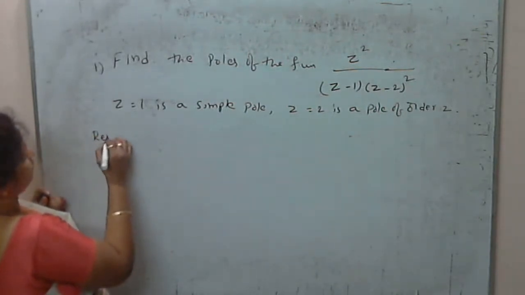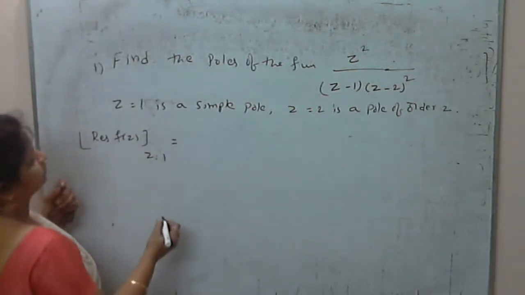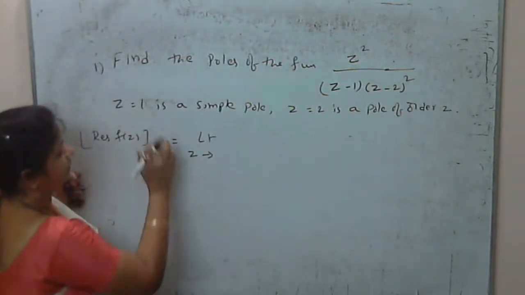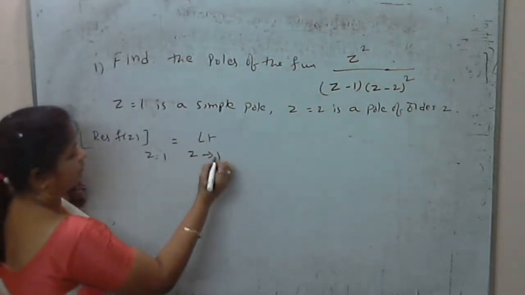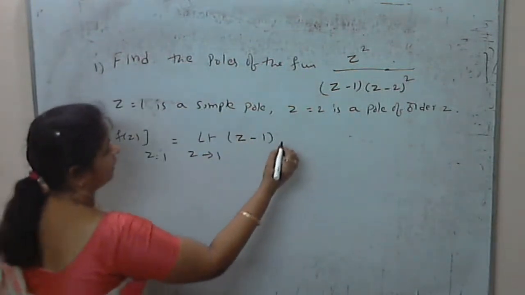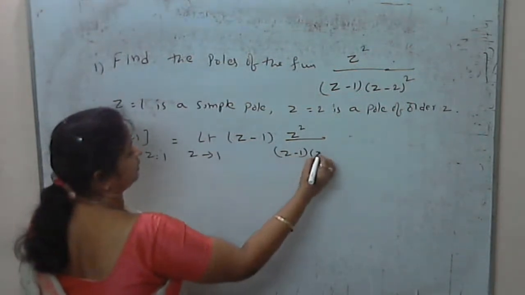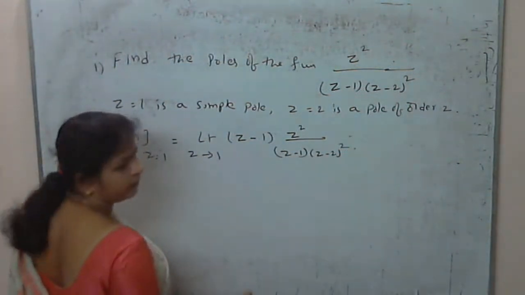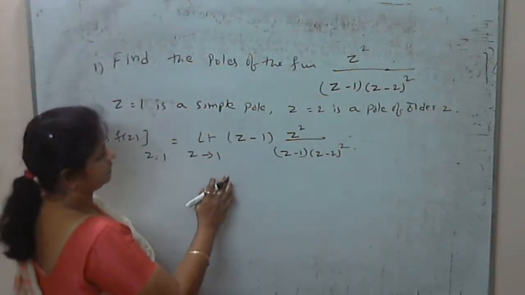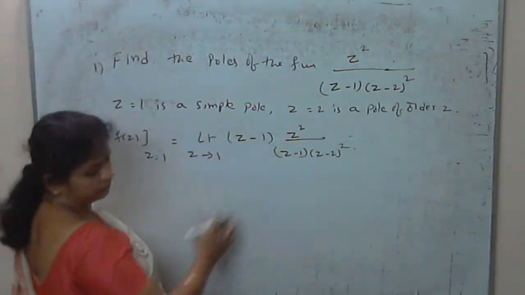Residue of f of z at z equal to 1 is limit z tends to a, where a means here 1, of (z minus a) into f of z. Here (z minus 1) times z square by (z minus 1) into (z minus 2) whole square, where f of z means the given function. So, the formula is limit z tends to a, (z minus a) into f of z.